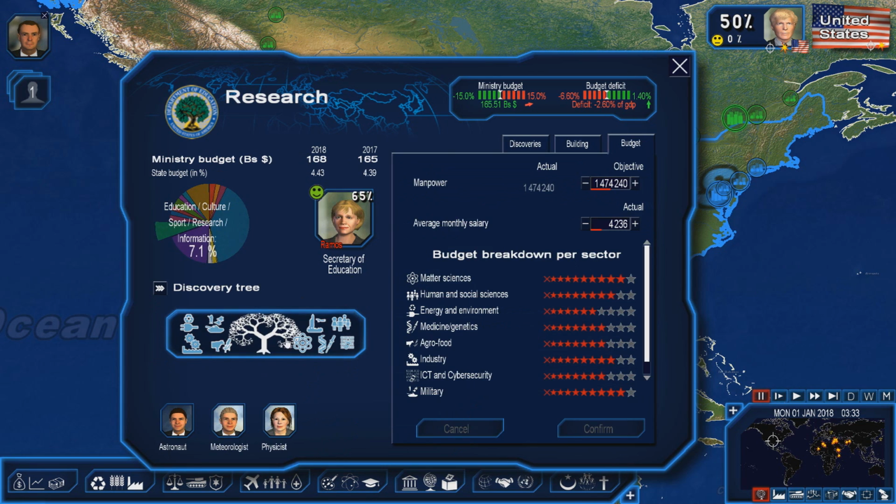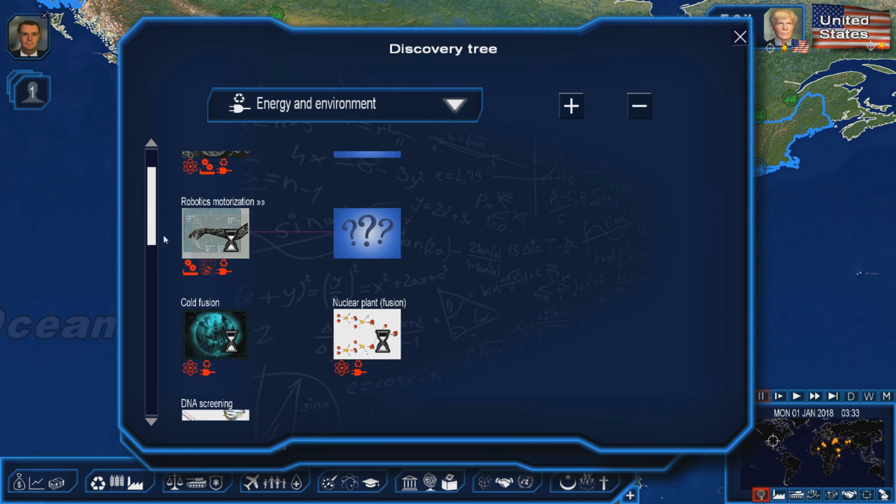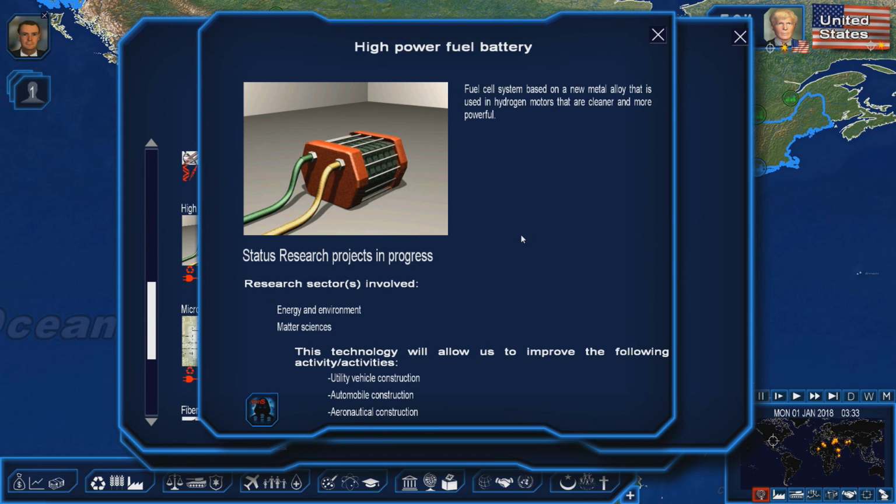So coming over to research, I'm going to go over to the research tree. Coming over to energy and environment, this can be increased whenever you discover things such as the high power fuel battery, which is a fuel cell system based on a new metal alloy that is used in hydrogen motors that are cleaner and more powerful.